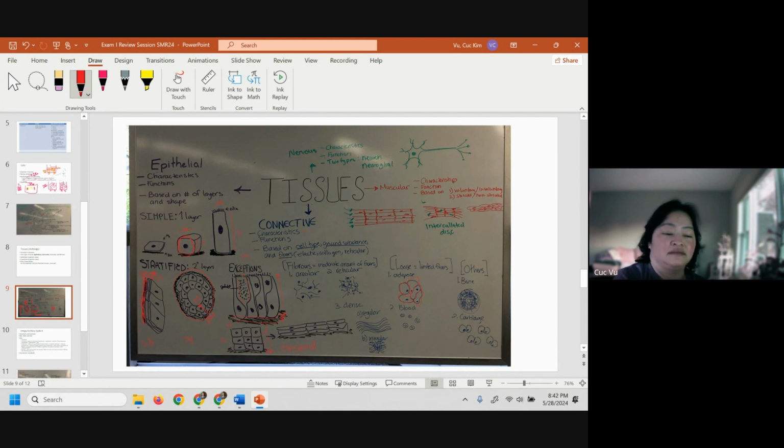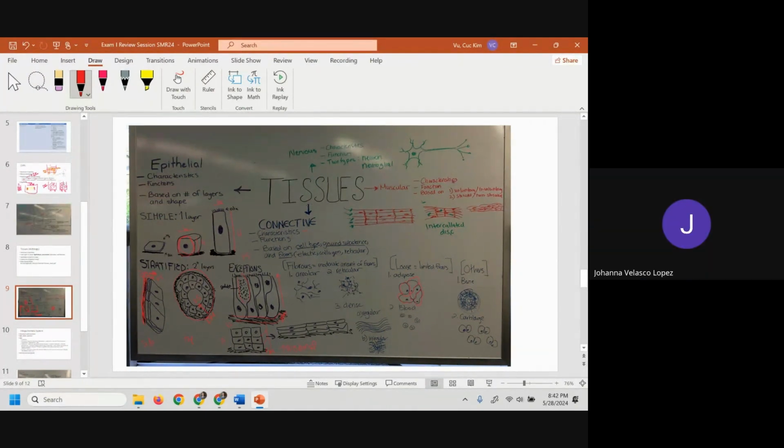Then we have blood. Blood is really weird and often confused because it has so much fluid. That's why it's hard to imagine fluid being a tissue, but it is. Blood is a fluid tissue. So in blood, what can you tell me about the ratio of cells to ground substance to fibers? The plasma is the matrix. Be specific.